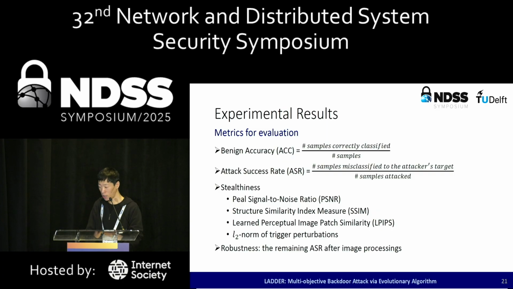For the stealthiness, we use the PSNR, SSIM, LPIPS, and L2 norm to comprehensively evaluate the stealthiness in either the spatial domain or the spectral domain. For the robustness, we use the attack success rate after image preprocessing to reflect the ability of triggers to resist the image preprocessing operations.